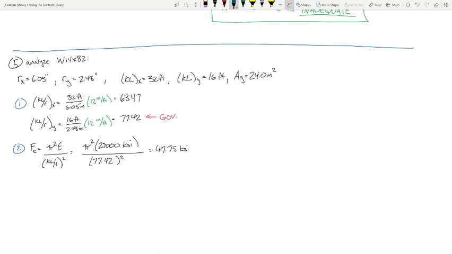Next thing we need to do is compute F critical, but in order to compute F critical, we have to compare our KL over R with our limit that tells us whether or not we're in inelastic or elastic buckling. This is the stuff that we did last week. I'll say something.